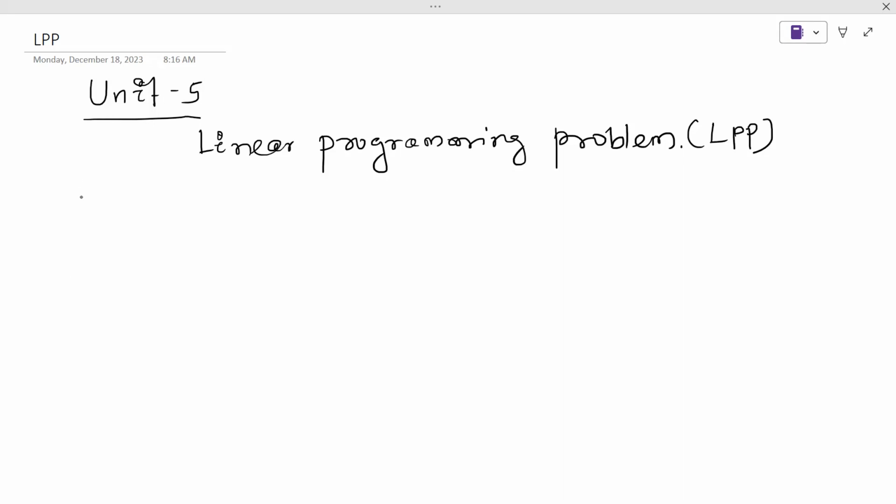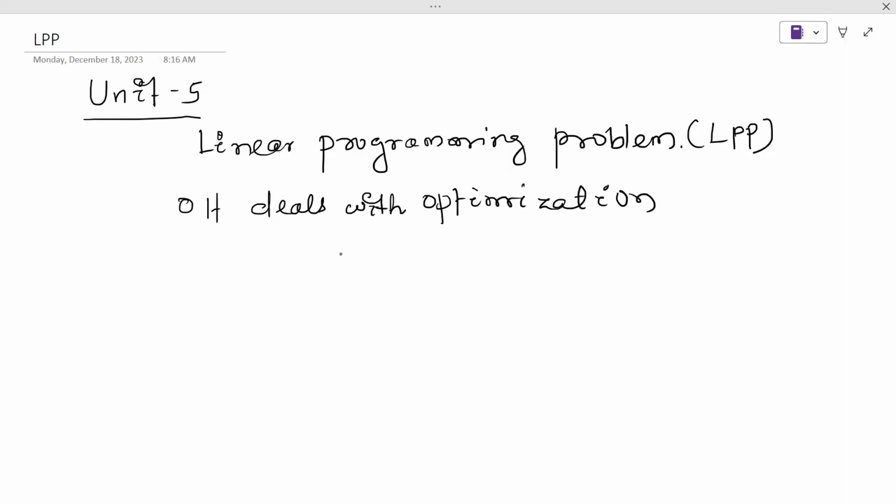What is linear programming? It deals with optimization. Linear programming, first point, it deals with optimization, and this optimization may be maximization or minimization.